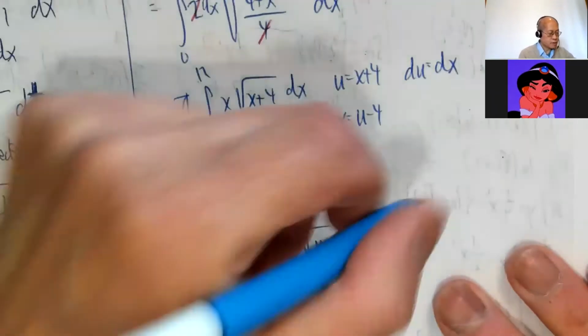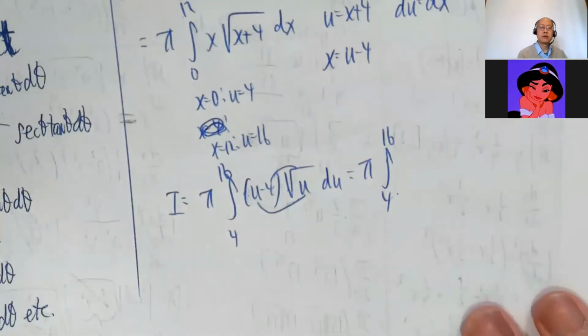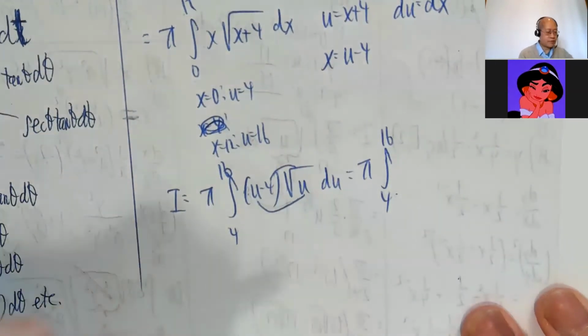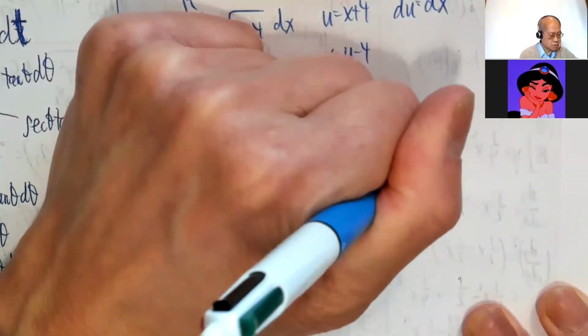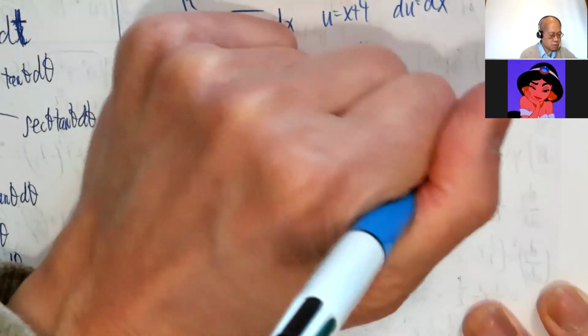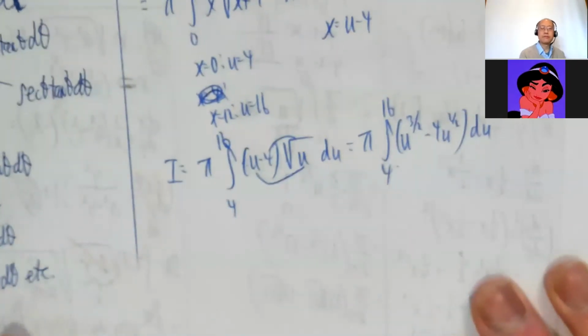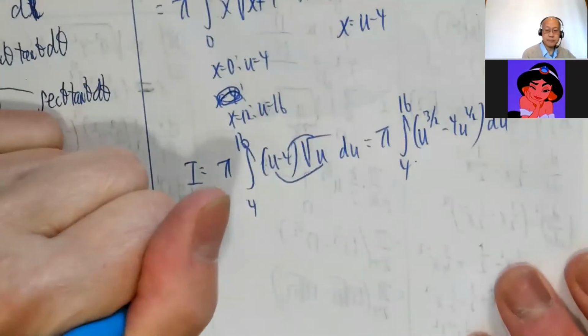So pi integral from 4 to 16. U times u to the half is u to the 3/2 minus 4 u to the half du. Then we're pretty much home free.